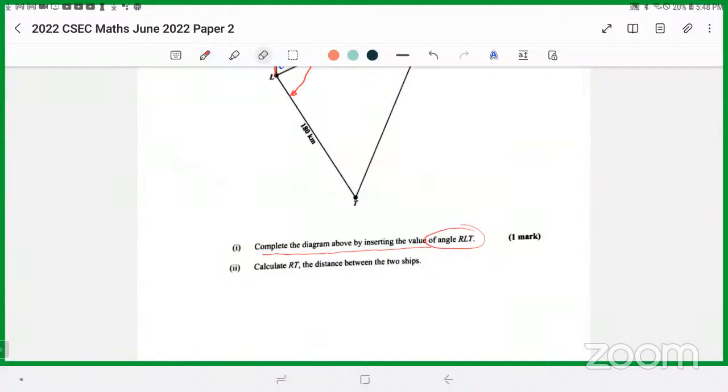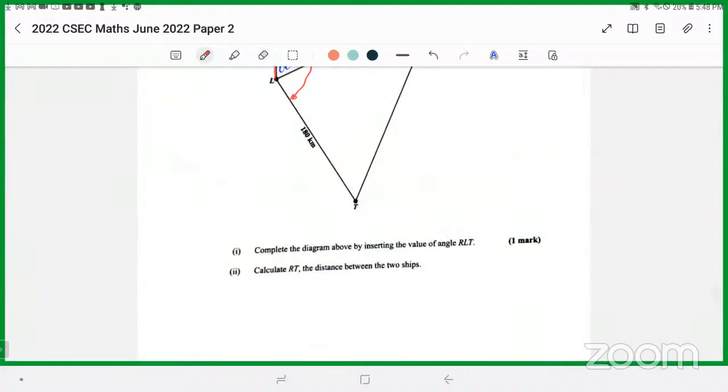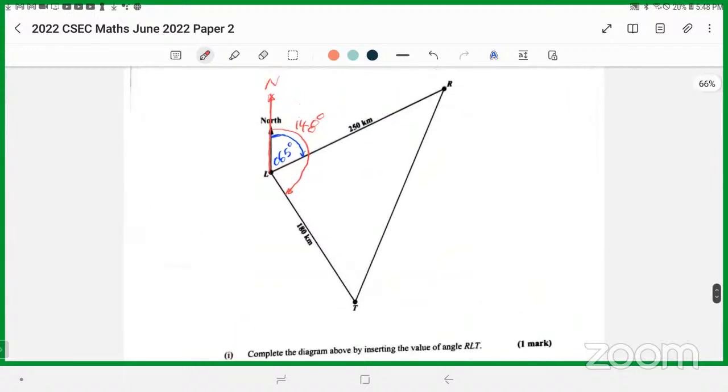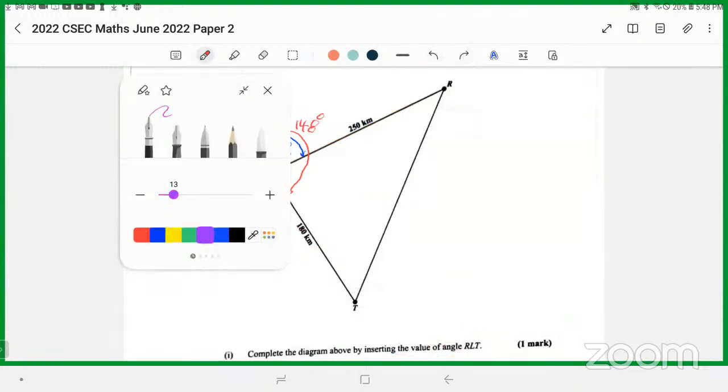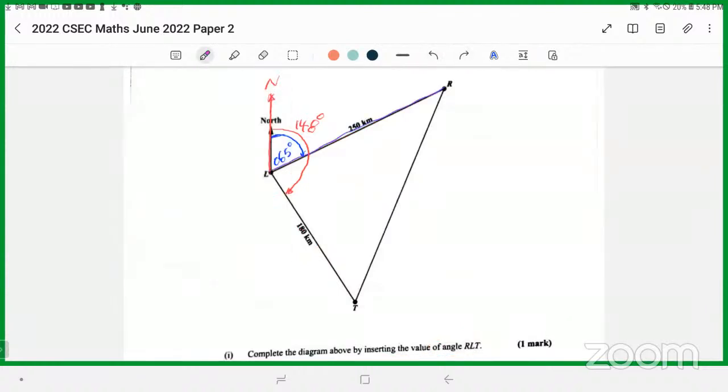All right, so I want us to insert angle RLT, which is the angle between these two sides, R to L to T. Let's do the part in purple. That's the angle inside here.